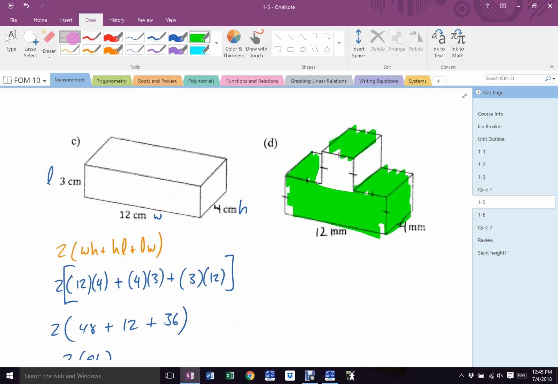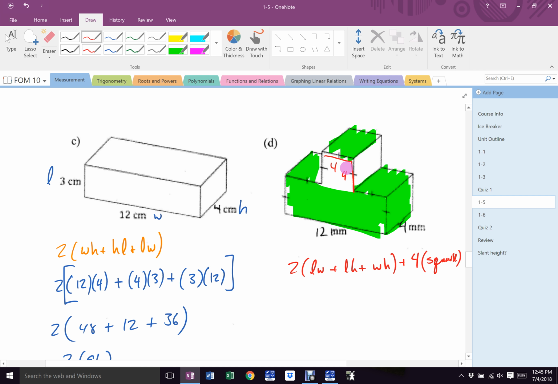So all I've done was I've added this, which is 4 by 4, 1, 2, 3, 4 times, correct? So it's 2 LW plus LH plus WH plus 4 of this top guy here. 4 squares.